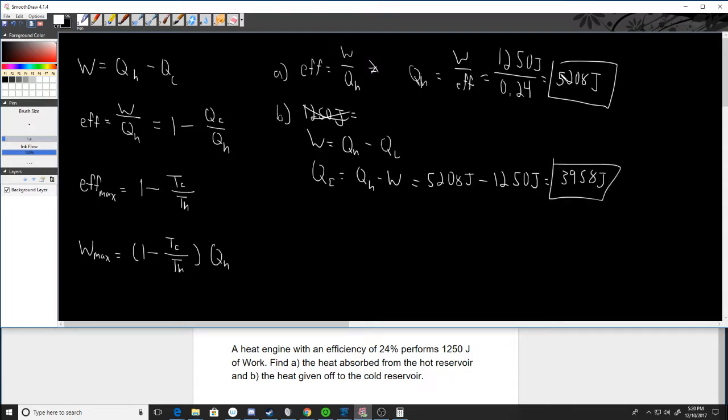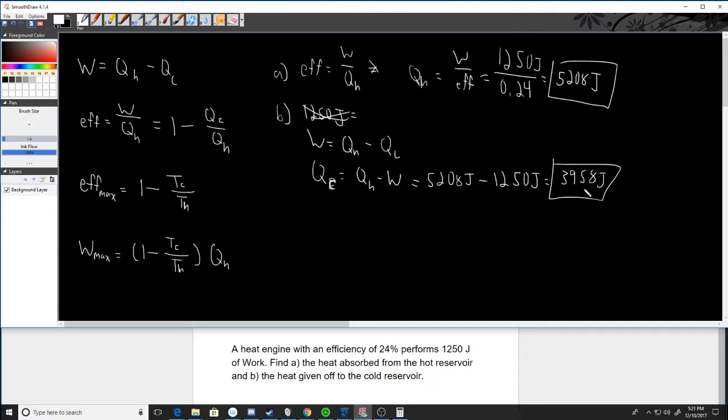So I know from this, my hot reservoir is transferring 5,208 joules of heat energy into my engine. But only, that should be a C, only 3,958 joules is actually getting transferred to the cold reservoir.